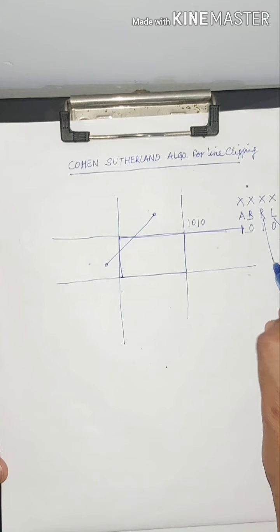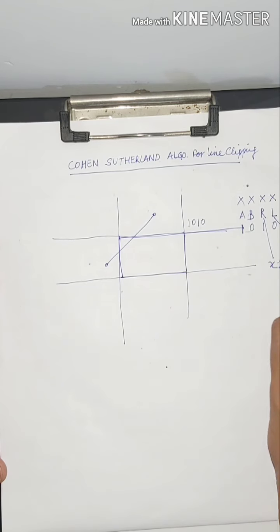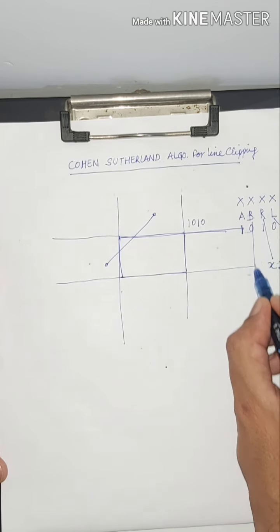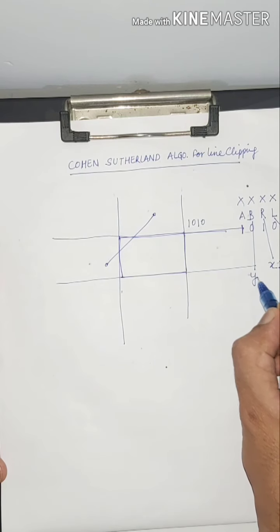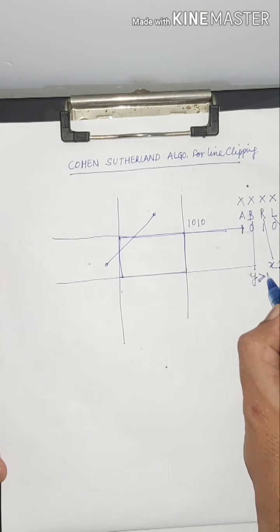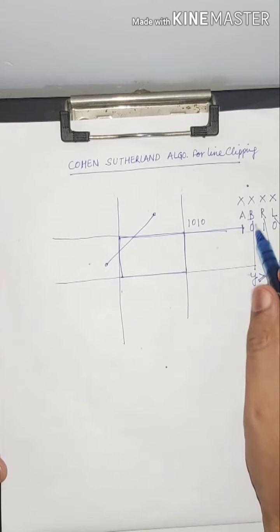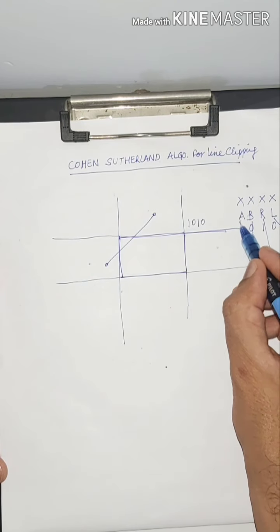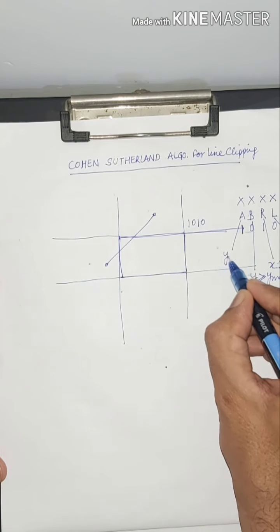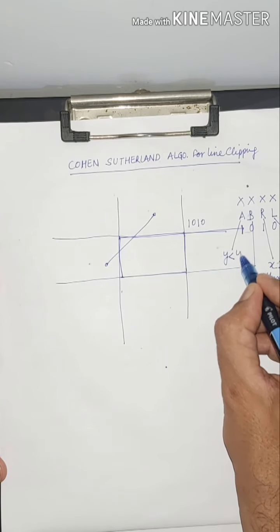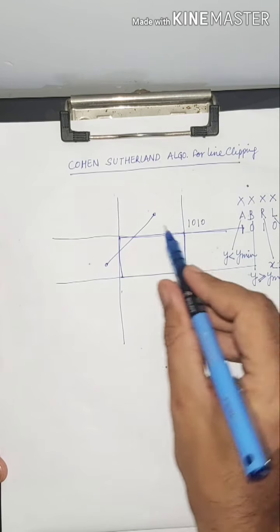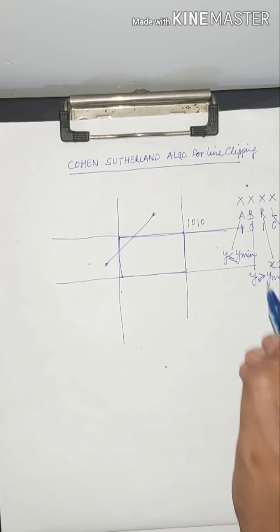Similarly, the R bit will be high if x is greater than x max, and similarly if y is greater than or equal to y max, then the above bit will be high, and if y is less than y min, the below bit will be high.